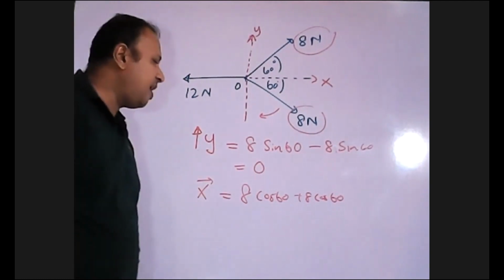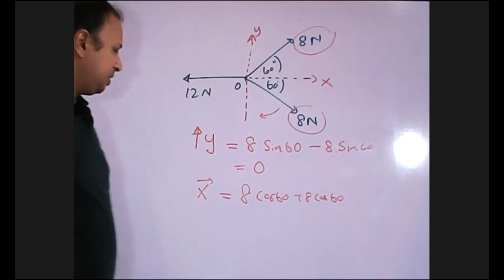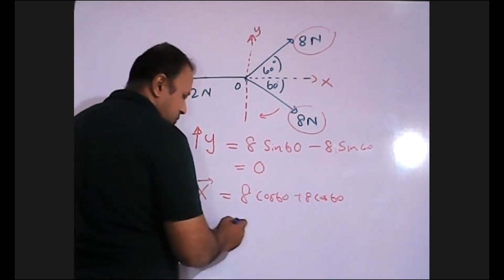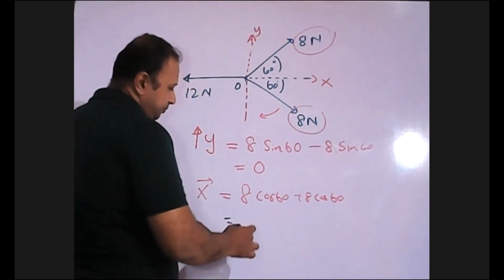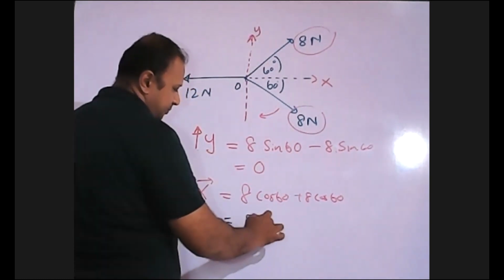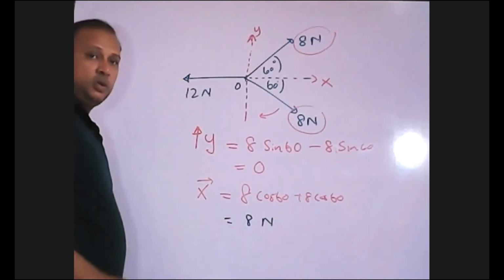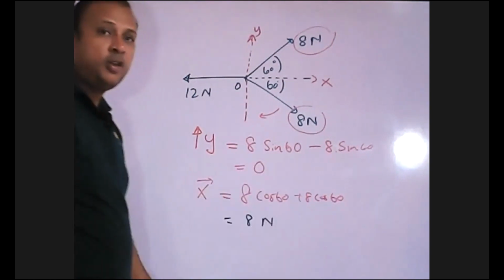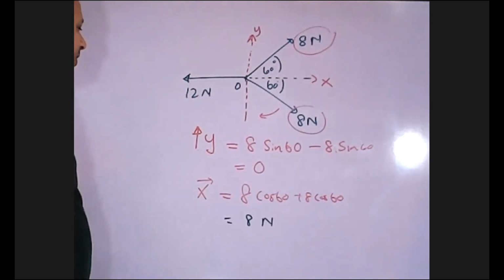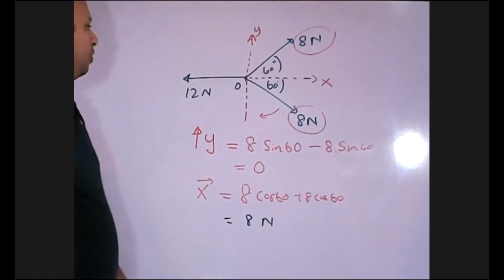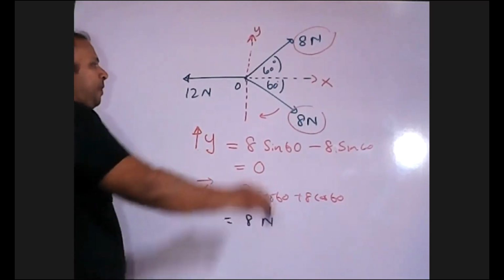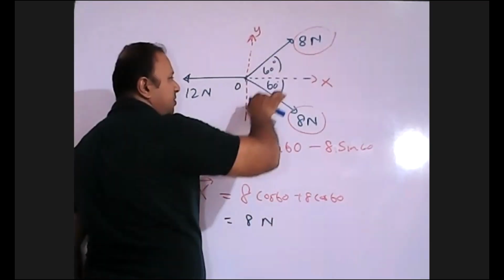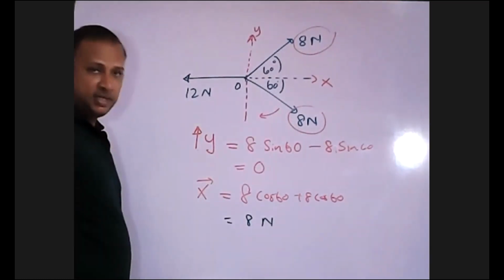Cos 60 is half, so 8 over 2 is 4, and the sum is 8 Newton. Right? Therefore, the x component of these two forces is equal to 8.